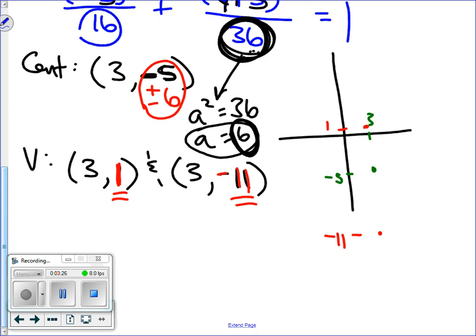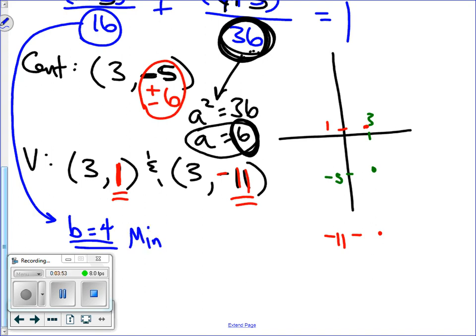Then we'll go with the endpoints of the minor axis. The endpoints of the minor axis come from B. B squared is 16, so B has to be 4. And again, that's 4 units above and below. So this would be to the left and right, wouldn't it? Sorry. Since the major axis is vertical, the minor axis is horizontal. So we're moving 4 units away from the center to get the minor vertices.